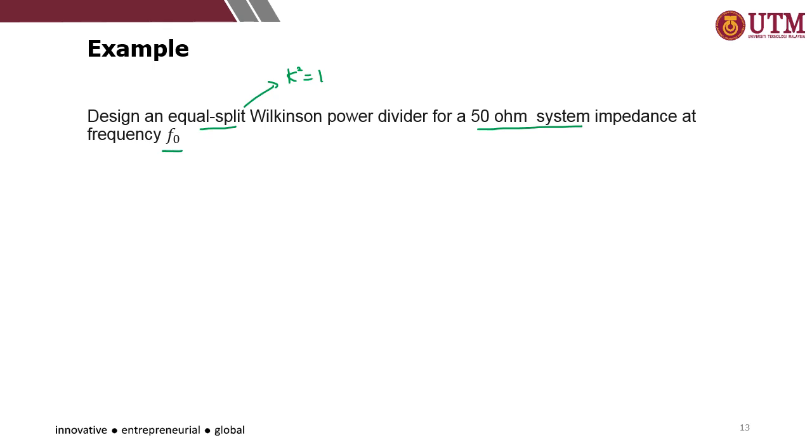By definition, to produce a matched equal split Wilkinson power divider, we need to know the impedance of the lambda over 4 lines, and also the R value, the resistor between the lines. For the matched impedance, Z will be equal to root 2 Z0, and R will be equal to 2 Z0. In this case, Z0 is given as 50 ohm.